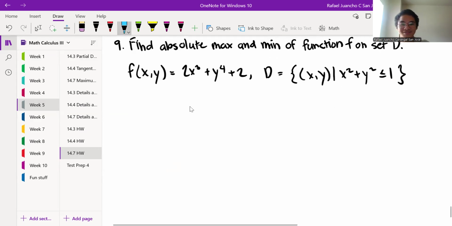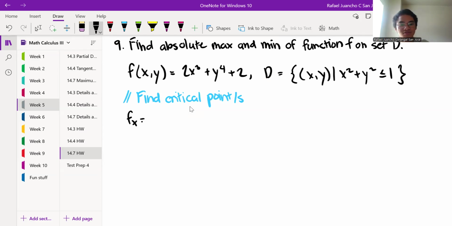So again, how do we do this? Well, same steps. Find critical points, because I could have multiple. We take their partials. With respect to x, I get 6x squared.